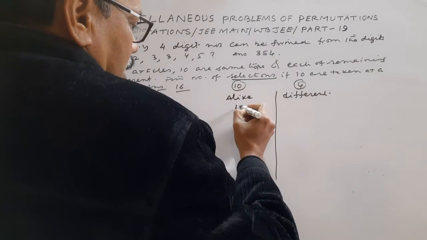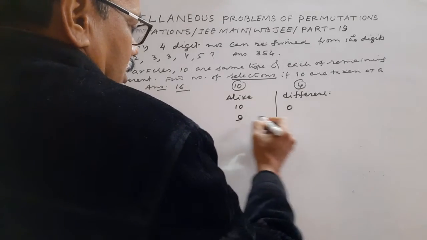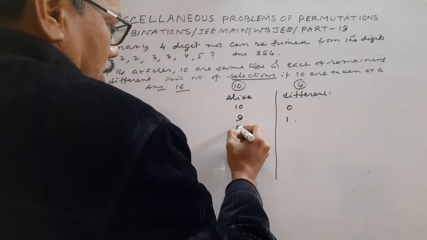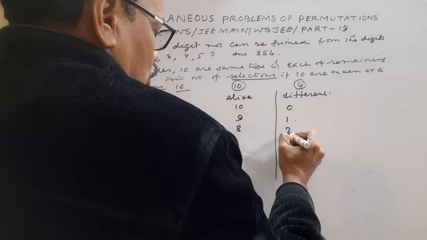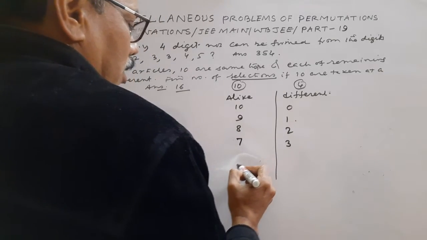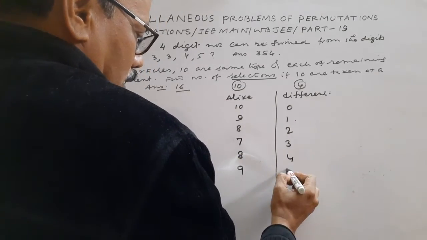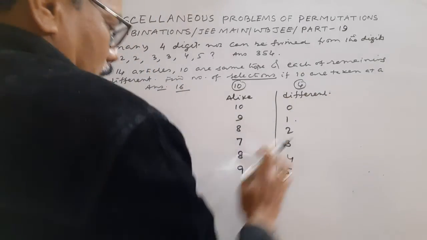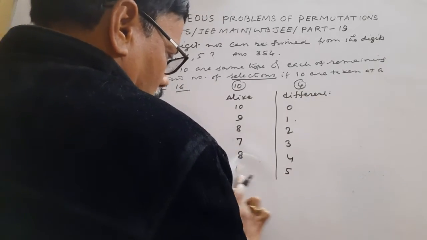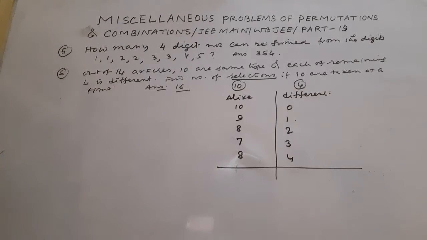So you can take 10 alike and 0 different, 9 and 1, 8 and 2, 7 and 3, 6 and 4. 5 is not possible. So these are the possible selections.